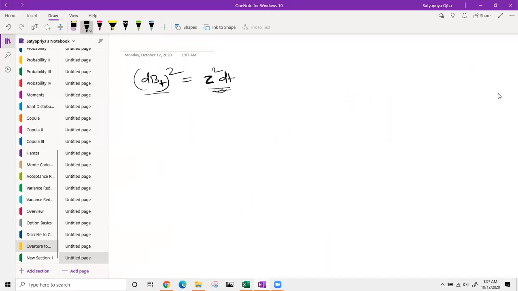If it is random, what is the expectation and variance? Let's see. Expectation of dbt square is expectation of z square dt. dt is constant, deterministic, it is not random, so it will come out. Expectation of z square, how much is this?